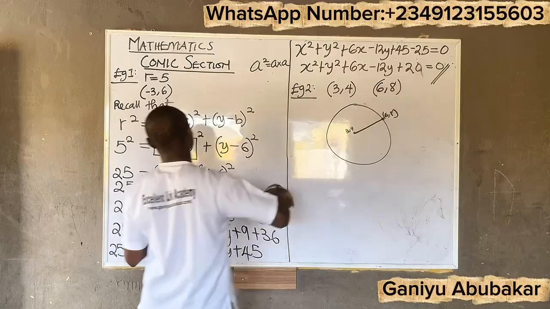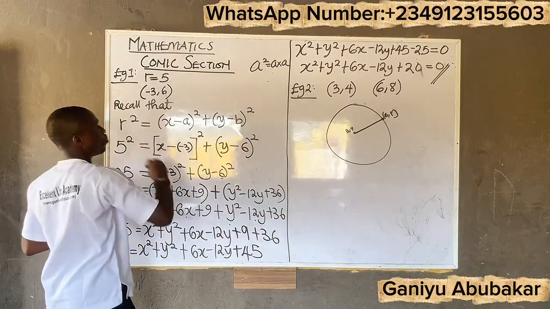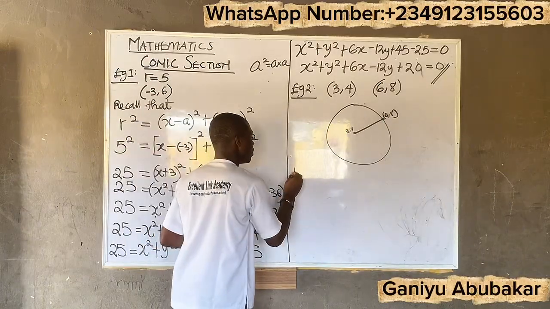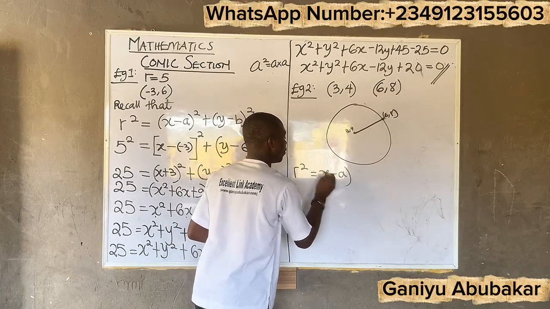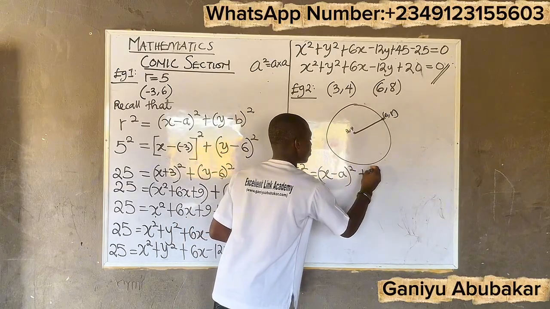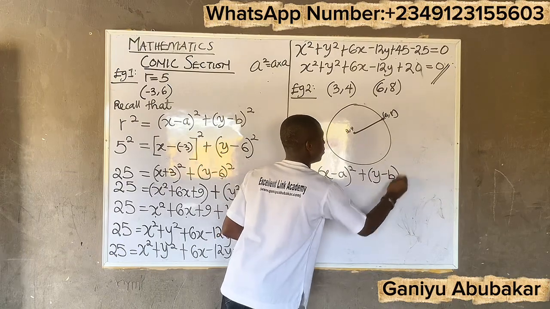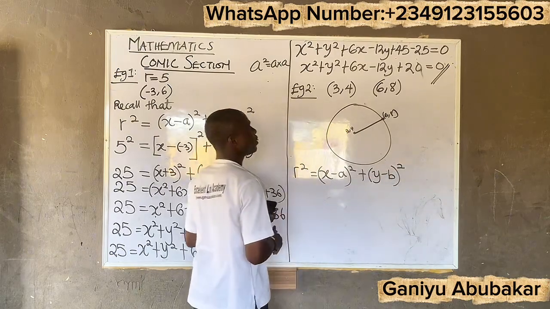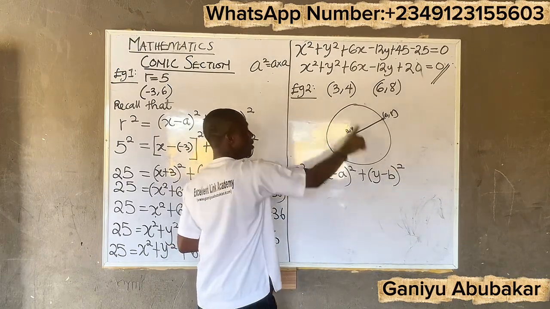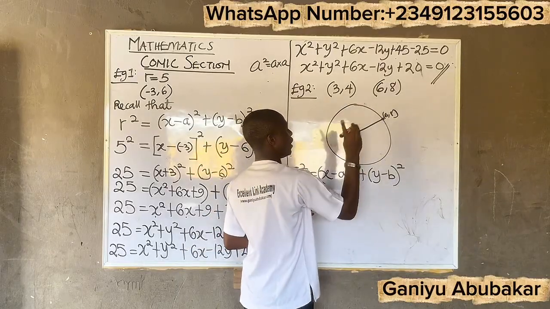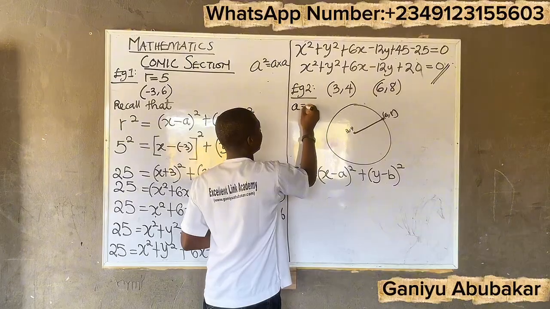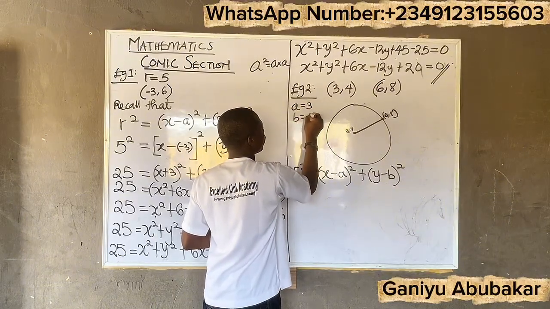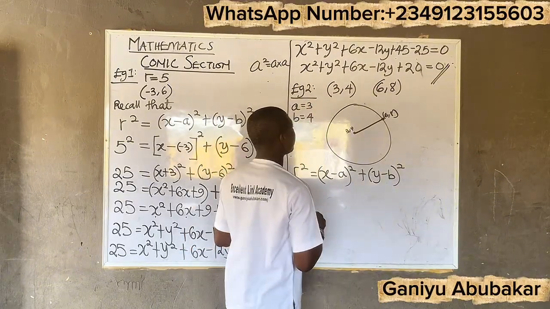For the equation of a circle, you need the value of r, because in the expression we said that r squared equals x minus a all squared plus y minus b all squared. In this case, a is 3, b is 4. That is clear, no problem. But they didn't give us the value of r.